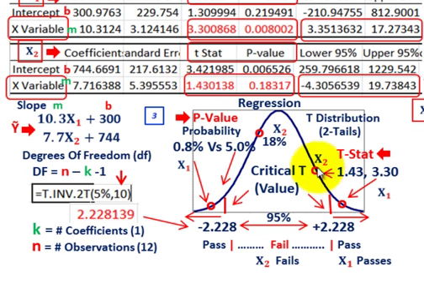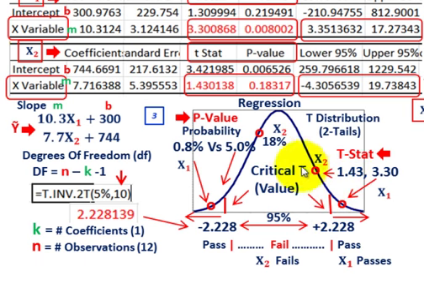So simply looking at it based on our t-statistic, you can see x1 is sitting at 3.3, past our cutoff point, whereas x2 is sitting on our curve before our cutoff point, at 1.43. So based on our t-stat, x1 passes because it's greater than our cutoff point, whereas x2 is sitting at 1.43, less than our critical cutoff point.